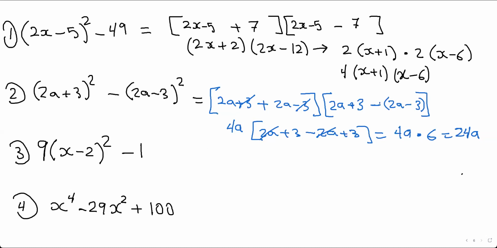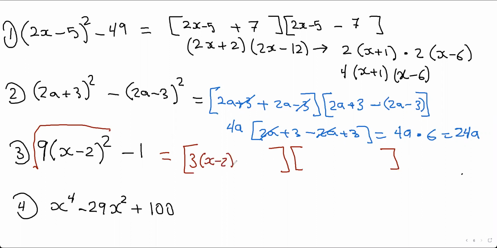Now, this one right here, you open two set of brackets. The square root of all of this, you're going to get square root of 9 is 3, and the x minus 2 squared, the square will cancel with the square root, and you're going to get x minus 2 inside the brackets.